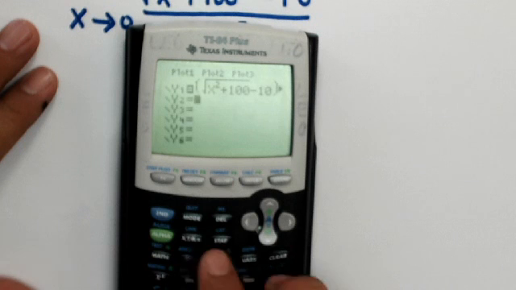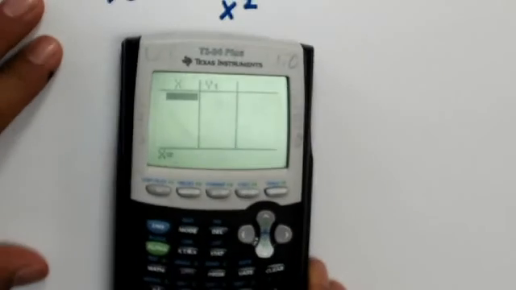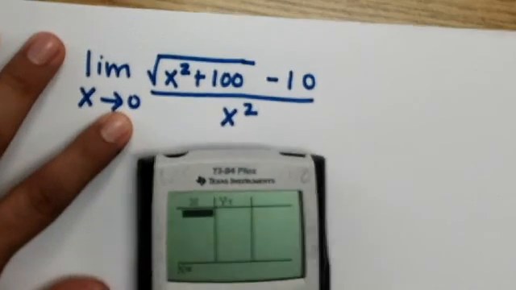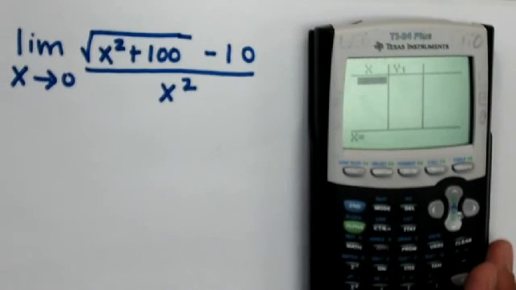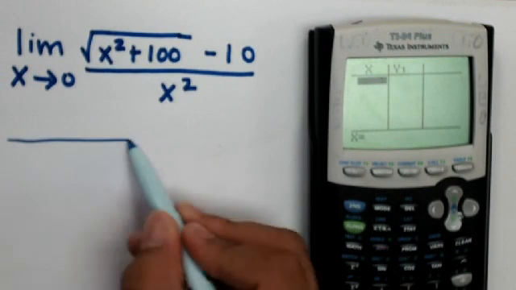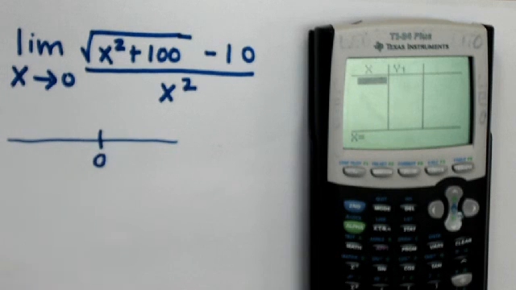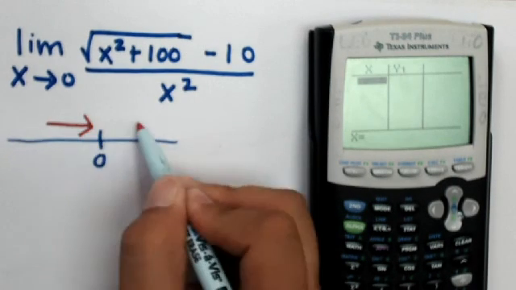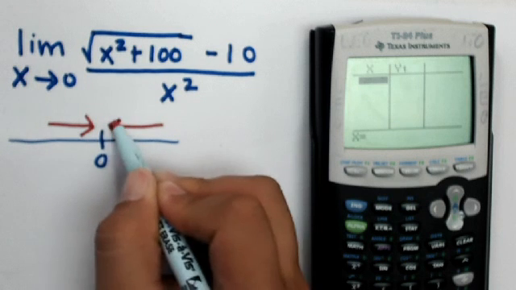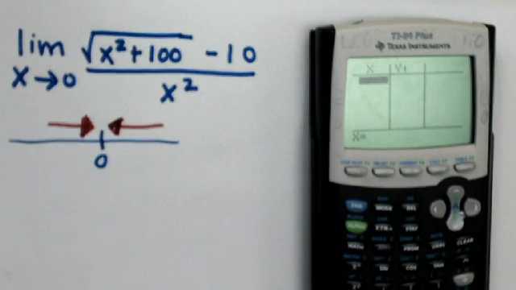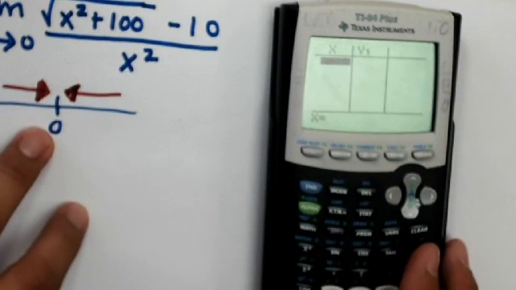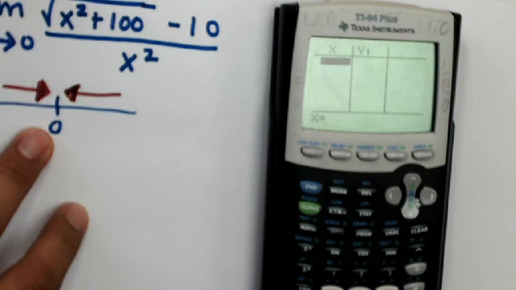And we can actually go to the table, and since this limit's approaching 0, I think it would be a very good idea to check. Remember, I draw the little number line and I tell you, let's check on the left side of 0, and then we could check on the right side of 0 to get a better understanding of what's going on around 0. Let's check to the left of 0. To the left of 0, that would be negative 0.1, let's say.